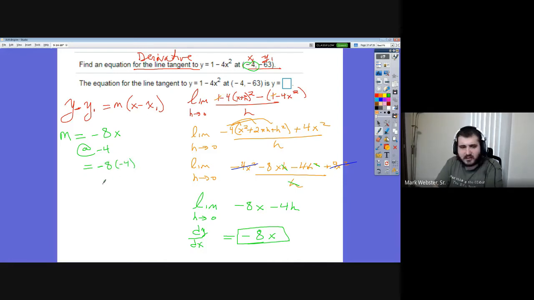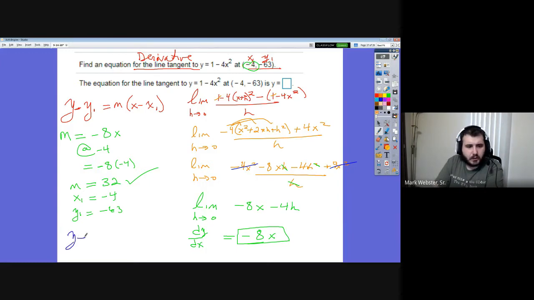What's negative 8 times negative 4? 32. Well, there's my slope. Ta-da! There's my x1. There's my y1. And now I'm just going to plug those things in, and I'm going to wash my hands of the whole problem. Because you don't have to do anymore.